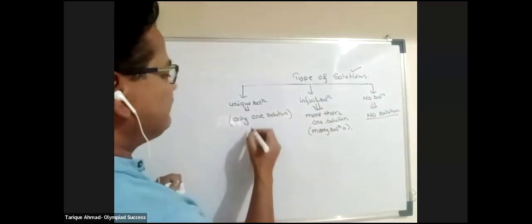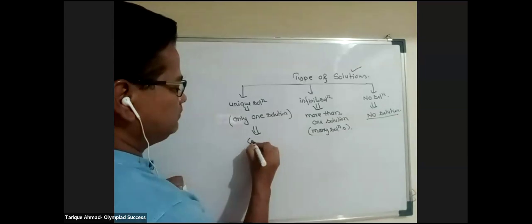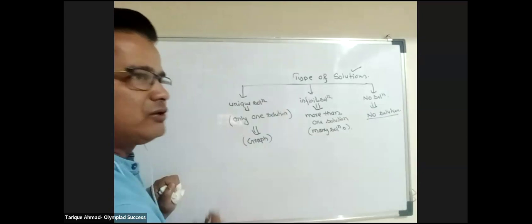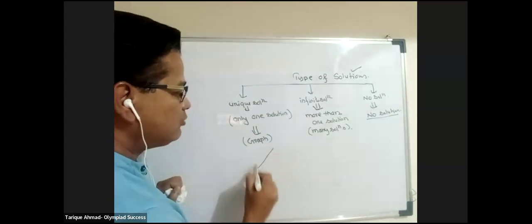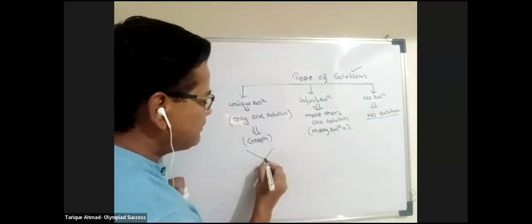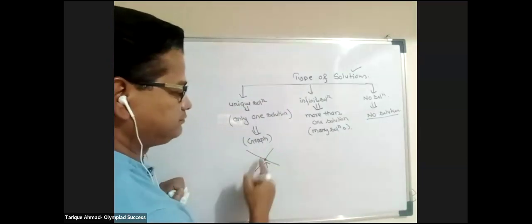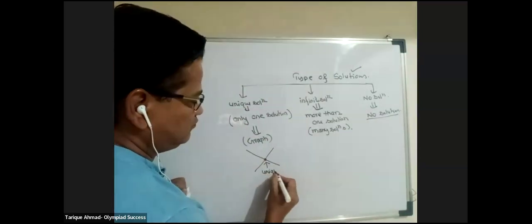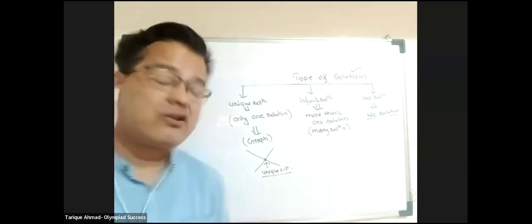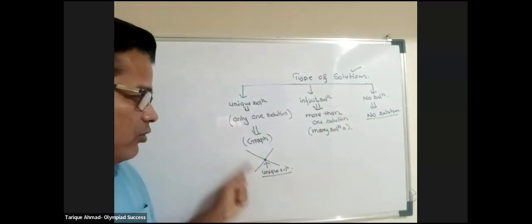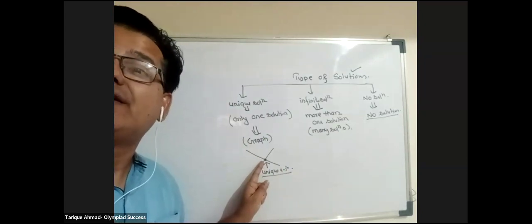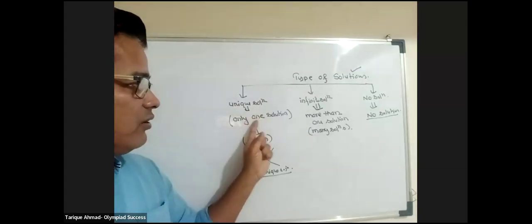Now, when we draw the graph for unique solution, we will get two straight lines meeting at one particular point. This will be the graph. If that system of equations has a unique solution, then both the lines will meet at one particular point. And then we call it a unique solution, meaning only one solution.